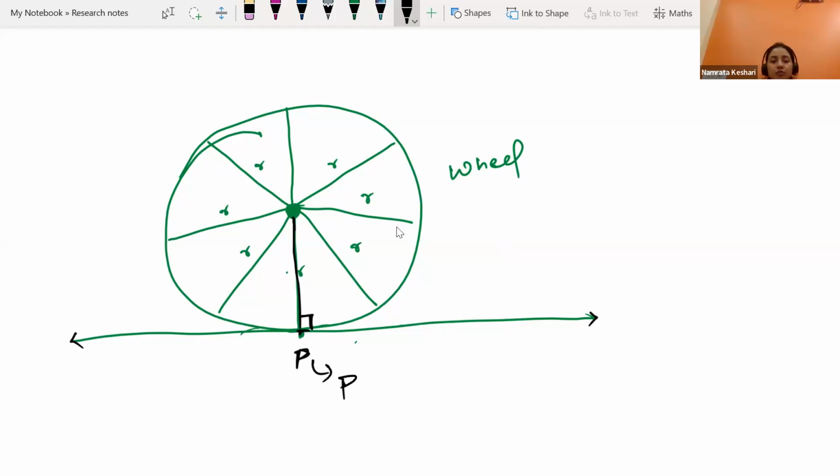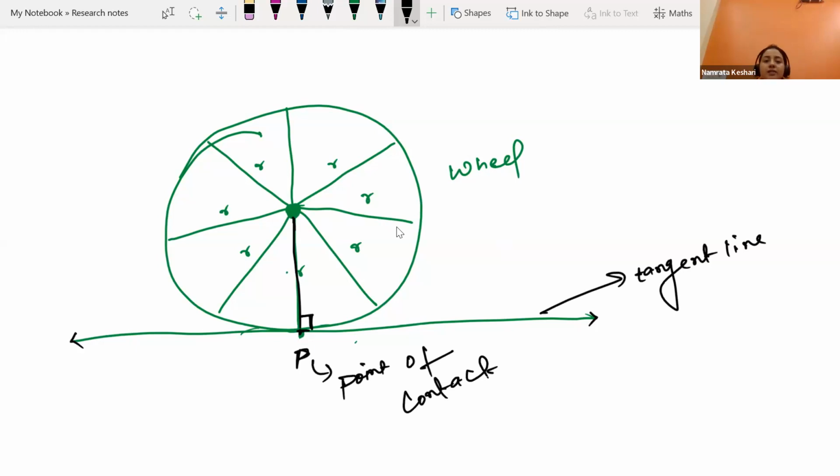If we are saying this is a tangent line, then point P is called the point of contact. So can we say the radius passing through the point of contact is perpendicular to the tangent? Yes, we can say that. Here we are saying it by observation, but now I'll show you with the help of a proof also. My laptop is running out of battery, so let me open it.